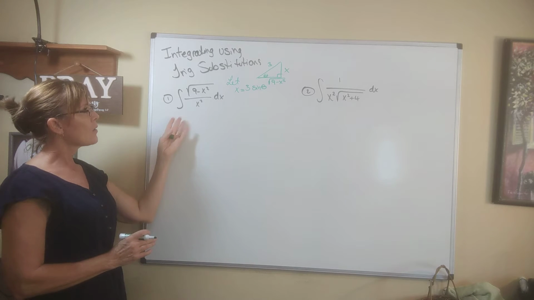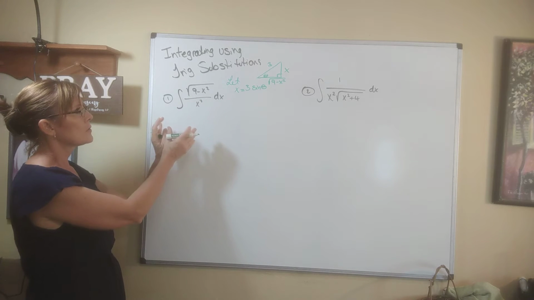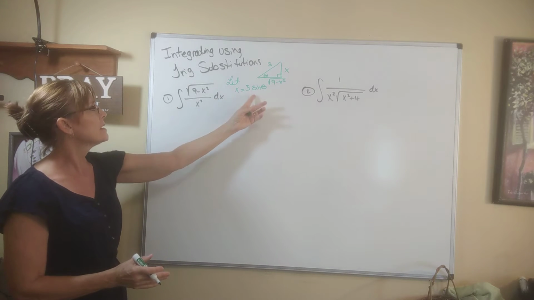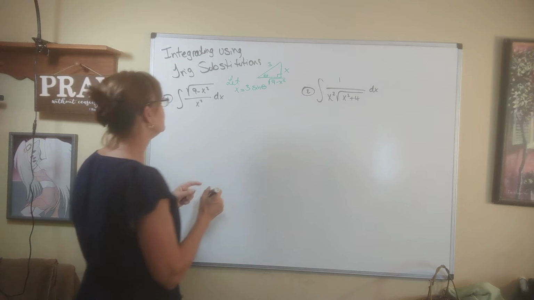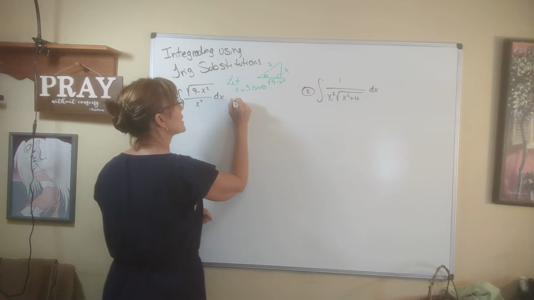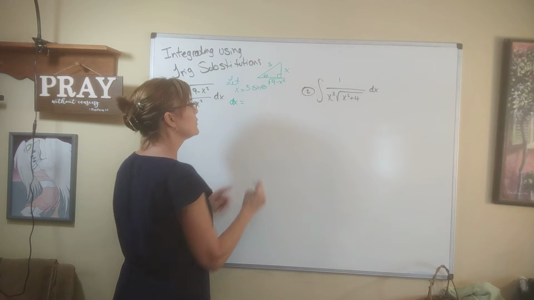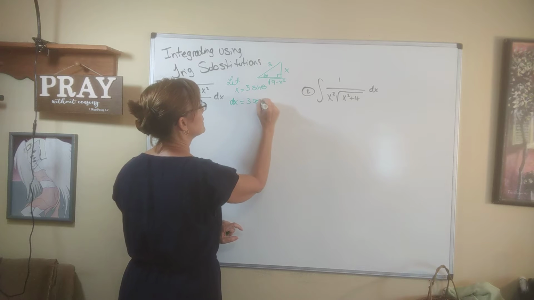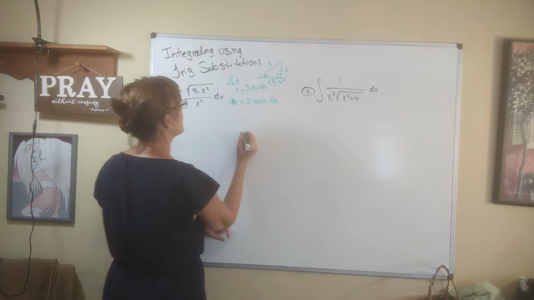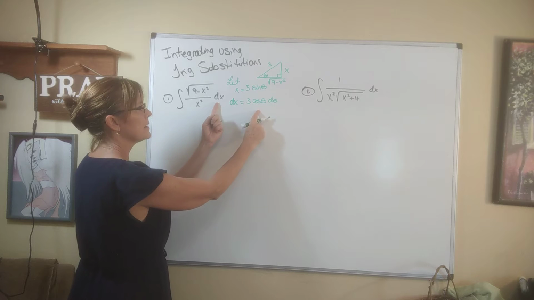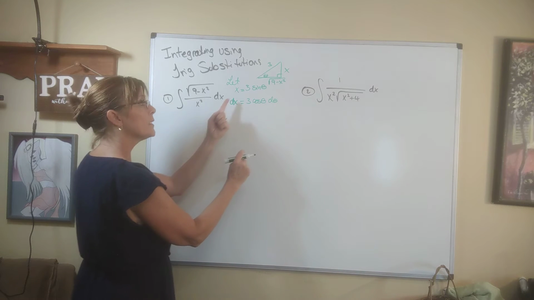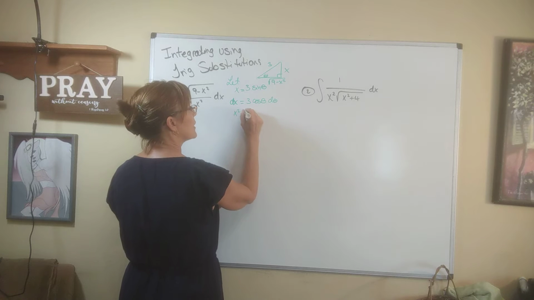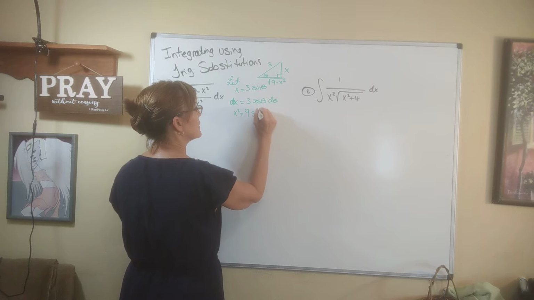Let's concentrate now on rewriting this entire integral in terms of theta. All right, if x is this, look at the numerator. Well, let's take dx. dx would be 3 times the derivative of sine, which is cosine theta, d theta. Okay, so we have the dx. What would x squared be? x squared would be 3 squared, 9, times sine squared theta.